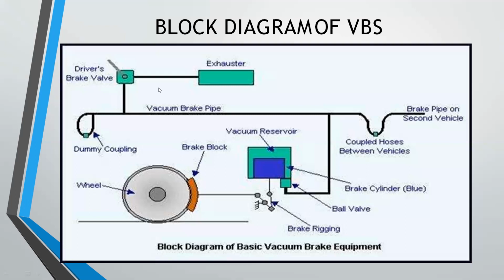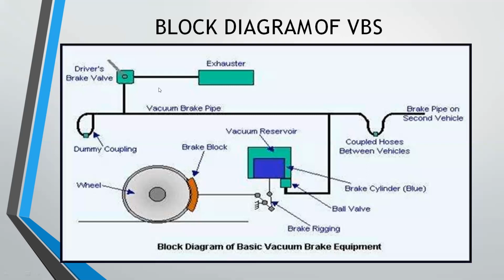The vacuum is passed through the brake pipes from the vacuum reservoir. Whenever the pedal is pressed, the compression pressure increases to compress the vacuum, and it moves through the ball valve to the brake cylinder and also moves the brake rigging.